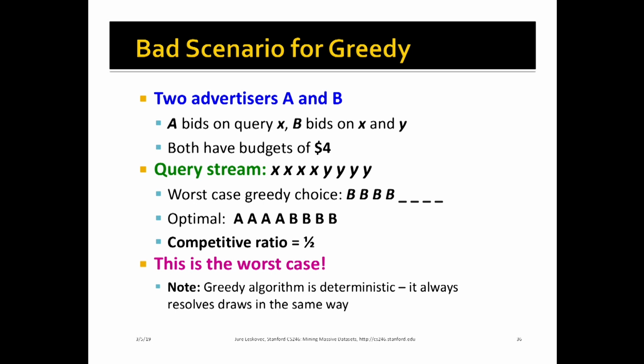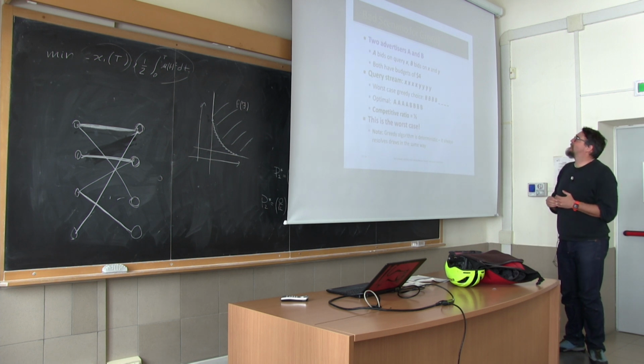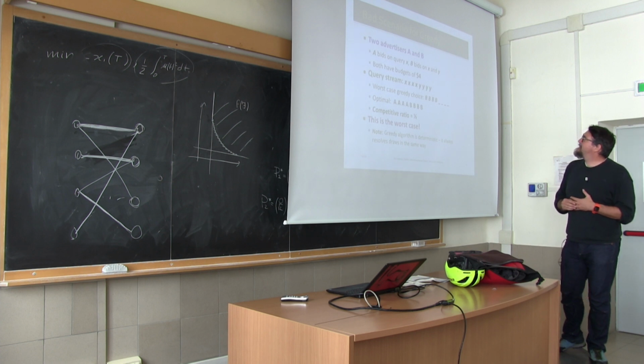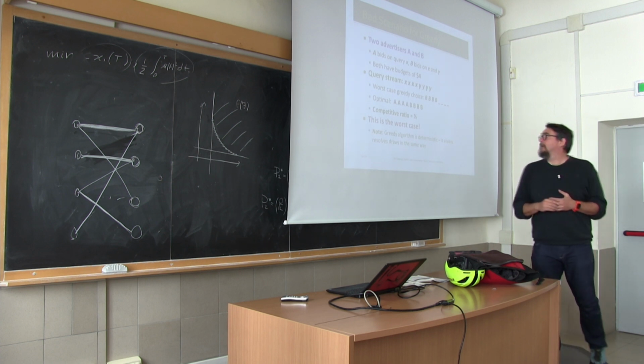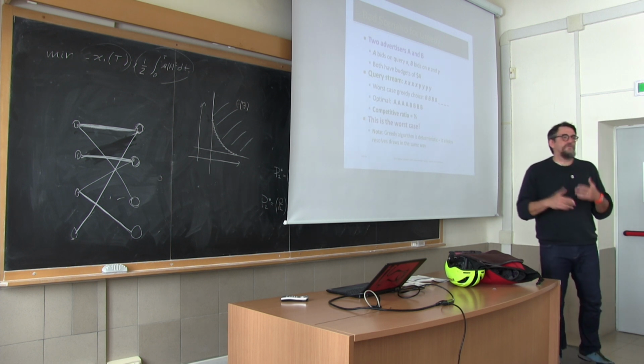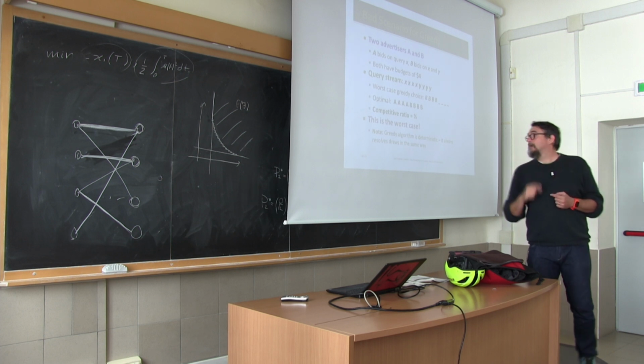Let's assume that advertiser A bids only on the query X, while advertiser B bids both on the query X and Y, and the budget B is equal to 4. And I remind you that we pay 1 for each advertisement.